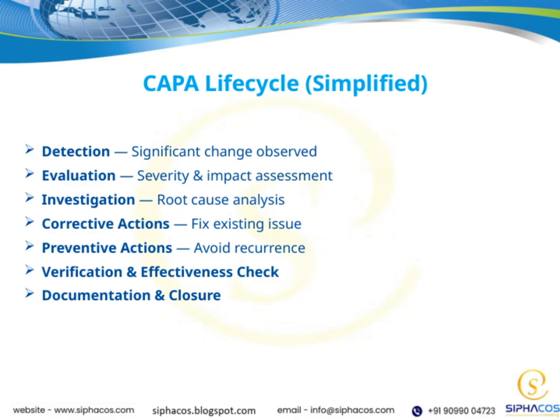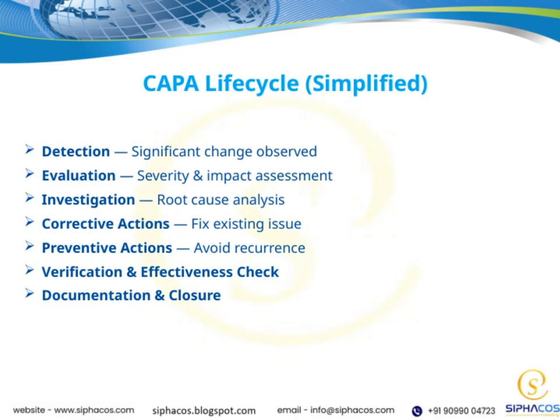After pinpointing the root cause, we implement corrective actions to fix the existing issue, ensuring that the immediate problem is resolved. But we don't stop there. Preventive actions are then taken to avoid recurrence, aiming to strengthen our processes and reduce future risks. To ensure our efforts are effective, we conduct verification and effectiveness checks, confirming that the corrective and preventive measures are working as intended.